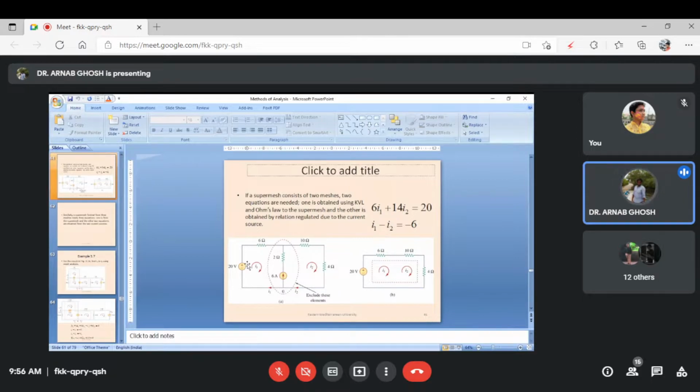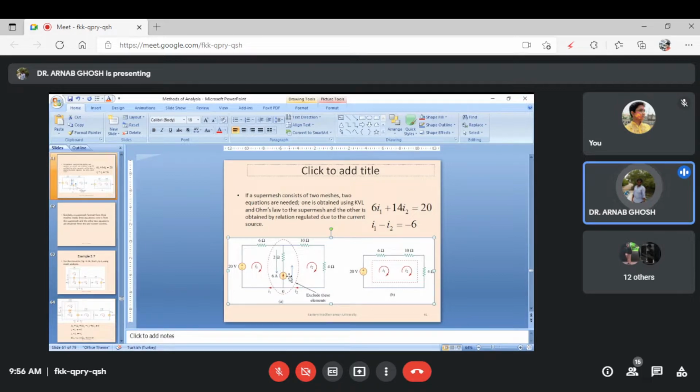Okay, this is the direction of I1. I1 is flowing in this direction, and I2 is flowing in this direction. Correct?